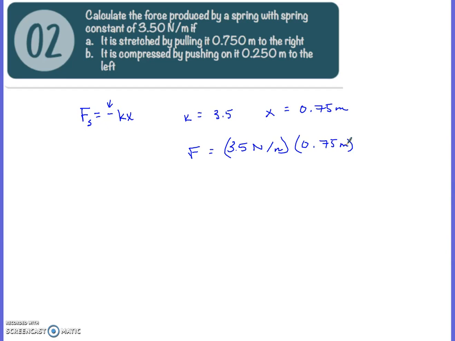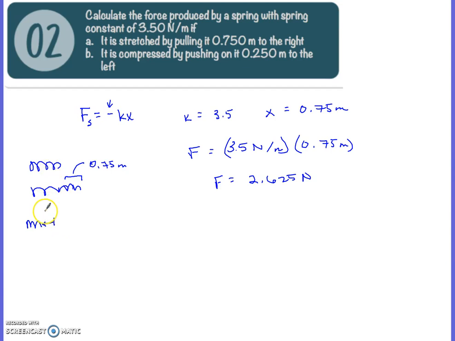So 3.5 times 0.75 in my calculator says that force is 2.625 newtons. And so that's taking this spring that would typically look like this and stretching it out a distance of 0.75 meters. And now we're going to compress it.